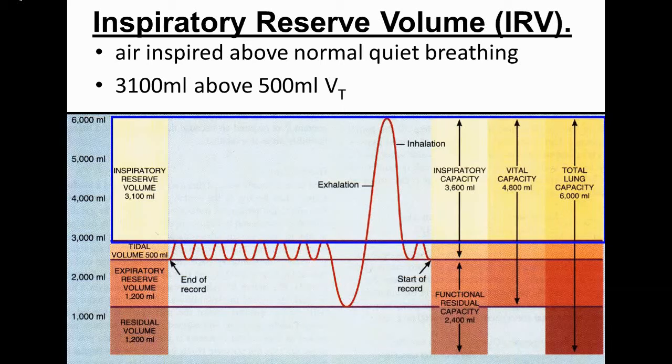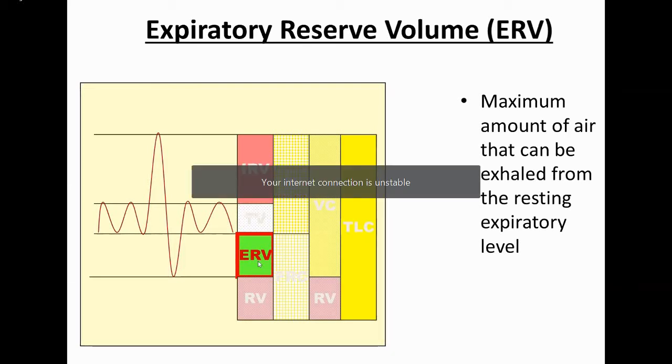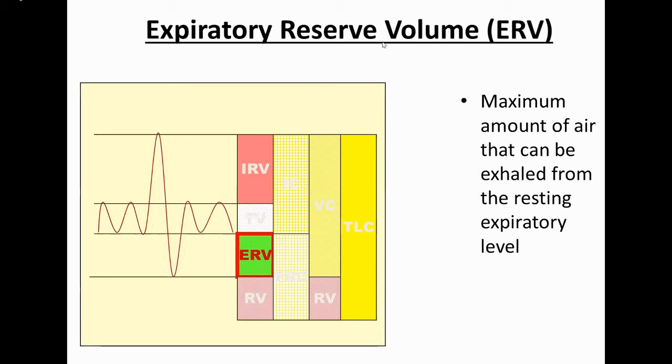Then there is another parameter which is called the expiratory reserve volume. Okay, it is the maximum amount of air that can be exhaled from the resting expiratory level. So we studied the tidal volume, then we studied the inspiratory reserve volume. The third is the expiratory reserve volume. This is also a parameter which detects the amount of air that can be exhaled or expelled from the resting expiratory level.